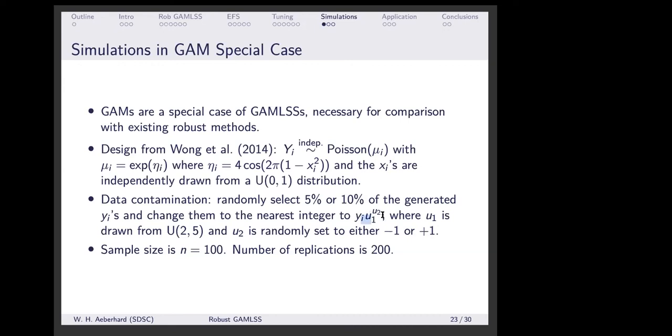I'm generating a uniform between 2 and 5, but then I can flip the sign with a second uniform. So either increasing the original count to a larger count or decreasing it towards 0, but never going into negative values. Again, the contamination itself doesn't really matter as long as it is different from the original data generating process. We should see some effect.